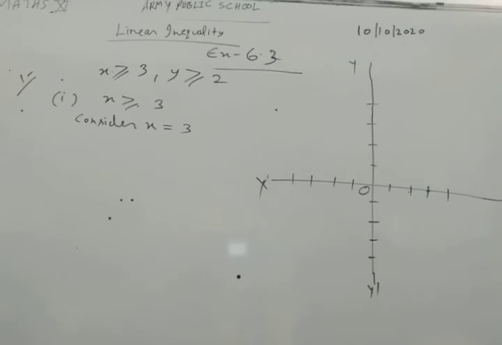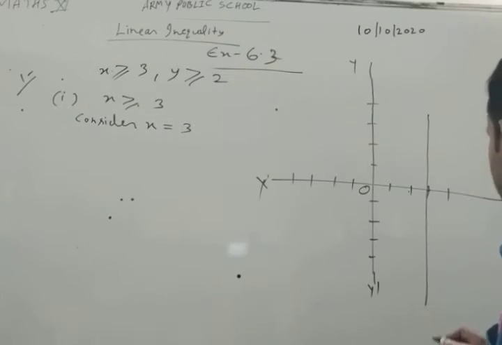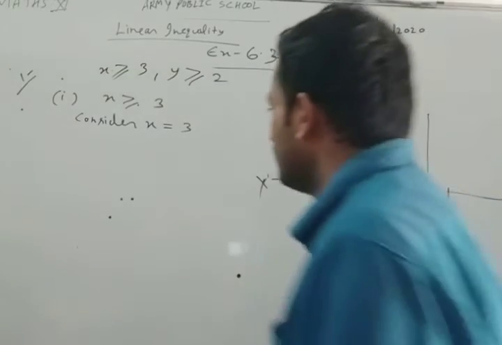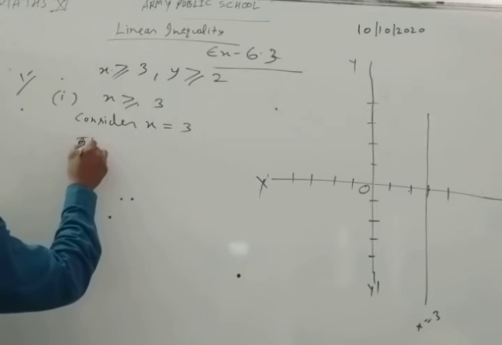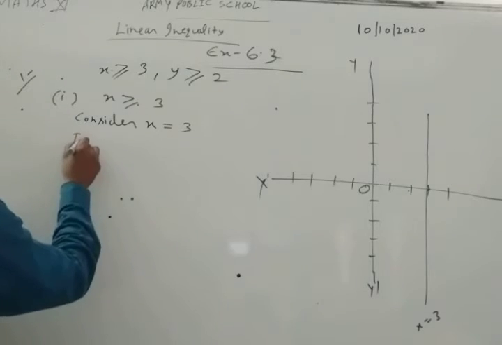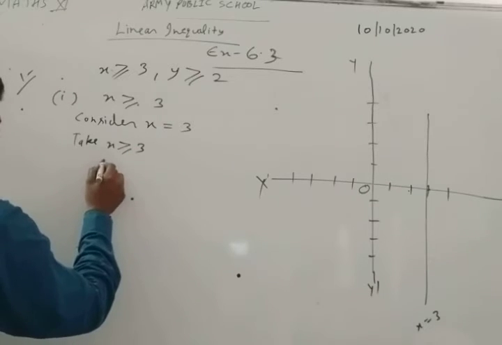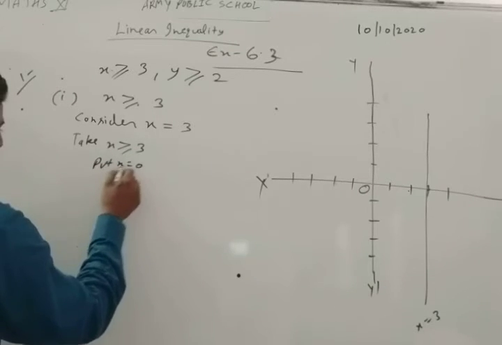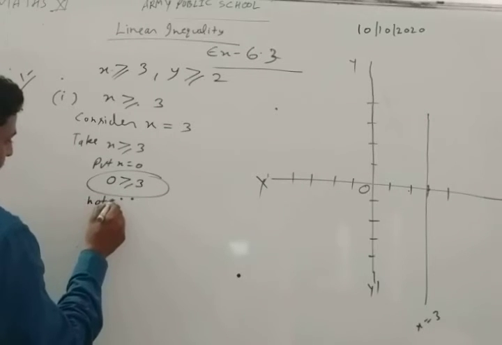Now x is equal to 3 will be parallel to the y-axis. So our line x is equal to 3 will be this. Now we will check the origin. Take x is greater than or equal to 3. Put x is 0. 0 greater than 3, not satisfied.